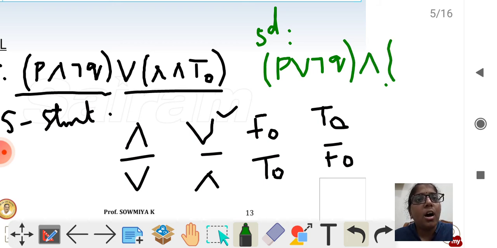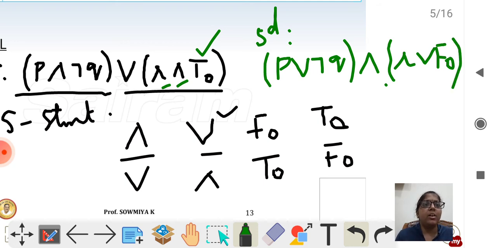Here we have R as it is. Or will become and, that is, cap will become cup. And T naught will become F naught. If you have F naught, you have to replace it by T naught. This is the dual statement for the given statement.